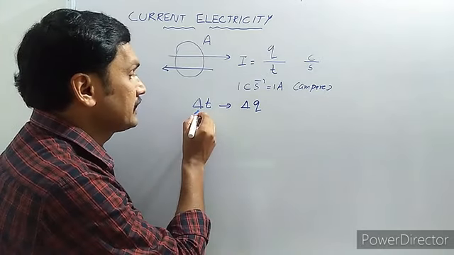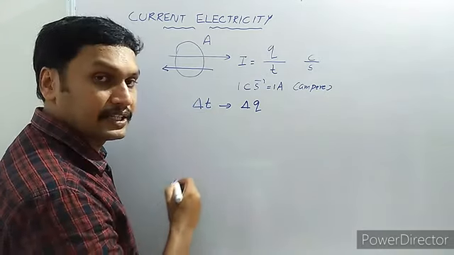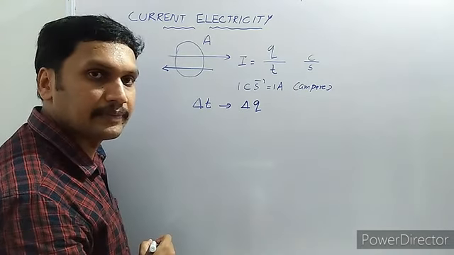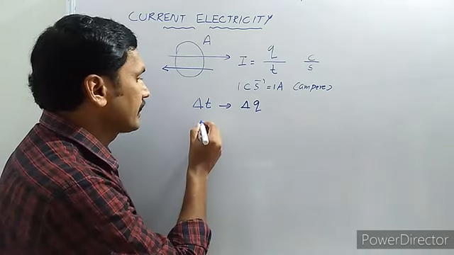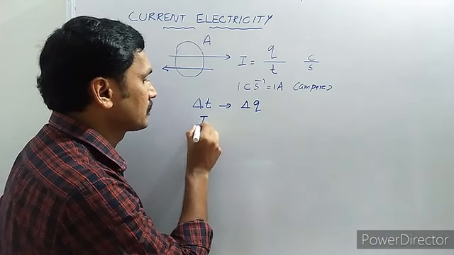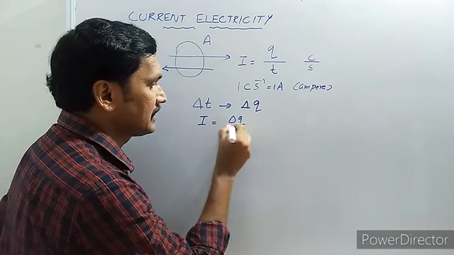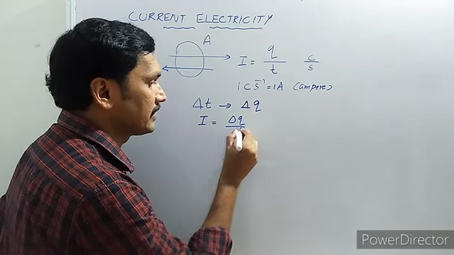Then the current through that area at that instant can be written as delta q by delta t.